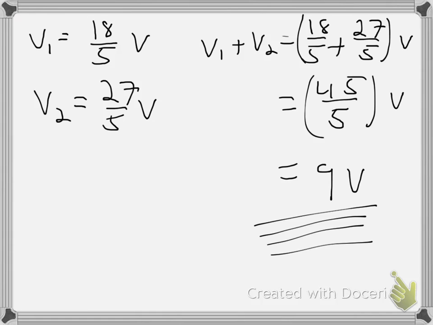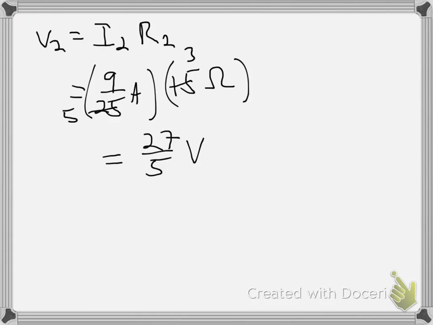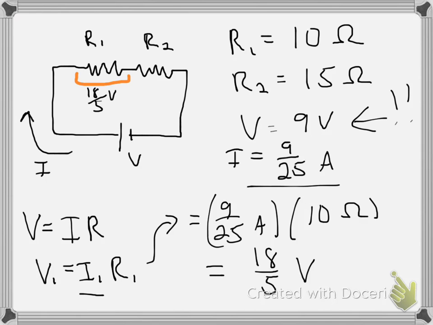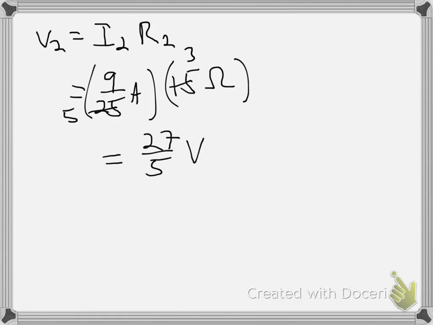So immediately you should say, aha, I can take a shortcut, especially if I have a circuit where I have 8 or 9 of these resistors. I want to save myself as much time as possible. So in this case, we actually calculated the voltage drop across R2, but we didn't have to.